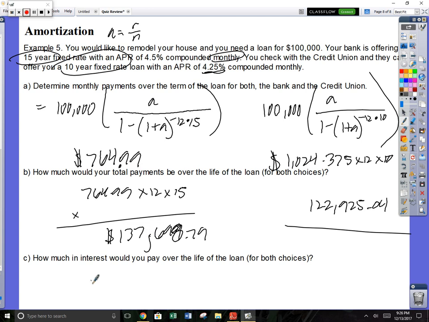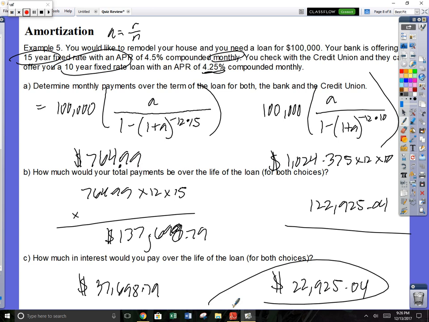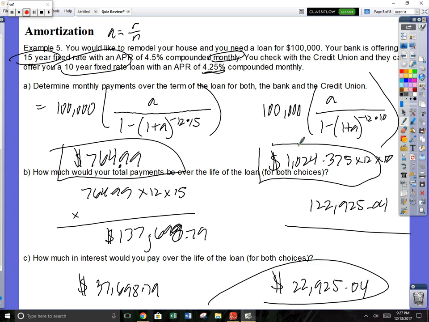So how much interest are you going to pay? To make that loan happen, you are going to have to pay the bank $37,698.79. The credit union is $22,925.04. So this one is way cheaper, but $765 a month compared to $1,025 is a lot more affordable in the budget.